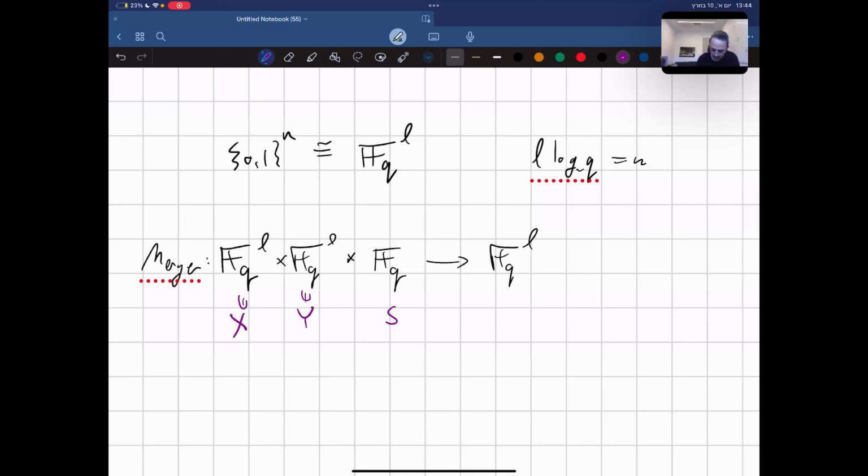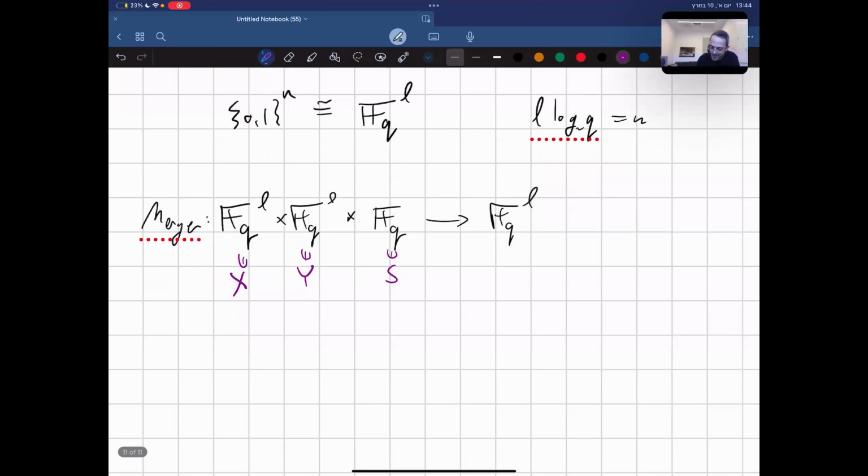And now, written like that, the idea is kind of almost asking to be there. You can think of x as a point in the L-dimensional vector space over F_q, and y is also a point. So if x is uniform, then x is random, and then y looks at where x is and chooses where to be.